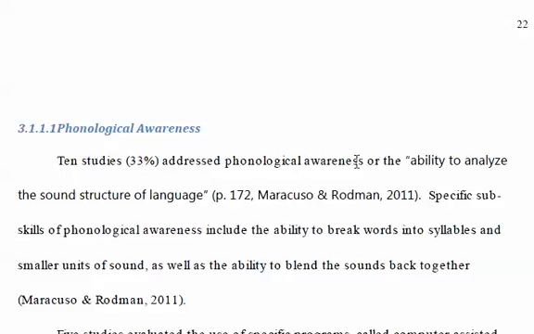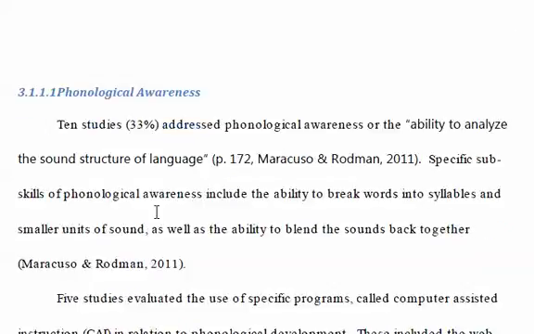So 10 studies address phonological awareness, or the ability to analyze the sound structure of language. And then specific sub-skills include the ability to break words into syllables, smaller units of sound, as well as the ability to blend sounds. So that's sort of an overview paragraph. Again, it's just introductory. It's telling the reader what's going to be coming ahead.